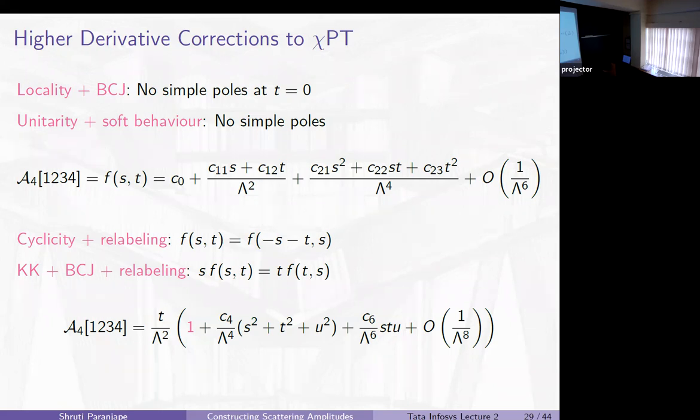Even at 4-point, if you look at 4-point gravity, 1 2 3 4, this is s u over t times A(1 2 3 4), squared. Now, this factor is actually very carefully selected, because squaring this amplitude would give me a double pole in u, which needs to be cancelled, and a double pole in s that needs to be cancelled.